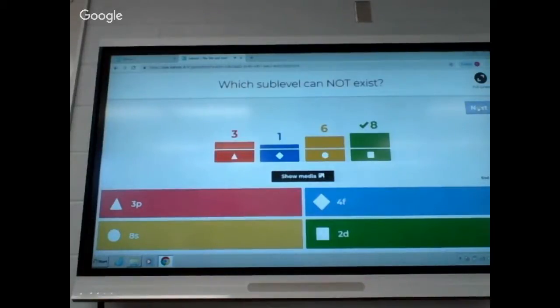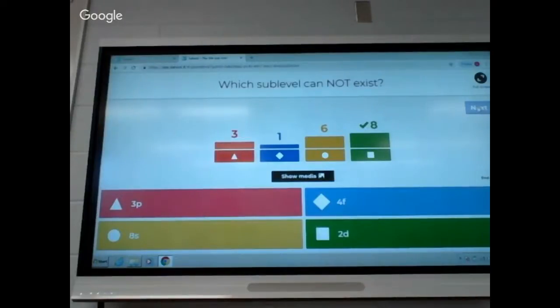Which sublevel cannot exist? If you have a second energy level, you're allowed how many sublevels? 2. What are their names? 2s and 2p. You can't have a 2d. Now 8s, technically, can exist. 8s would be the first of the 8.